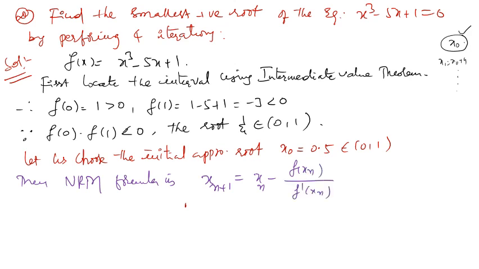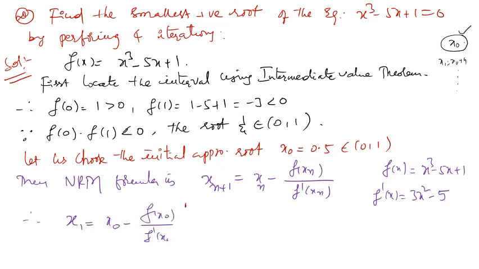And what is f dash? Here what is f of x? F of x is x cube minus 5x plus 1. So its derivative is 3x square minus 5. Isn't it right? Therefore what is x1 root? First approximate root, x naught minus f of x naught by f dash x naught.